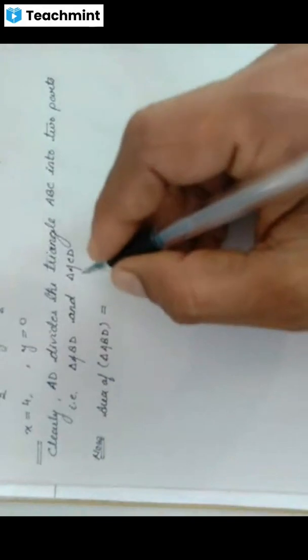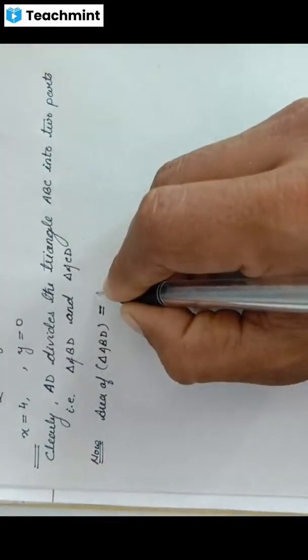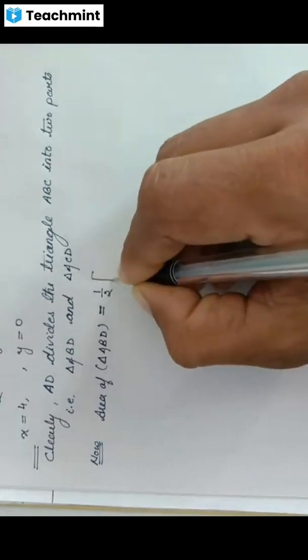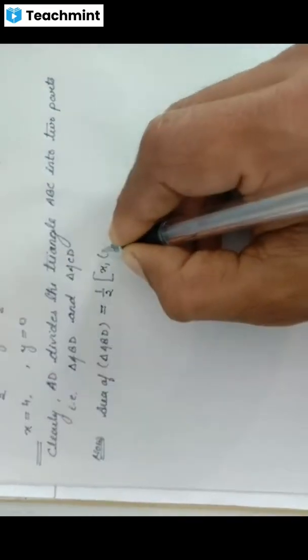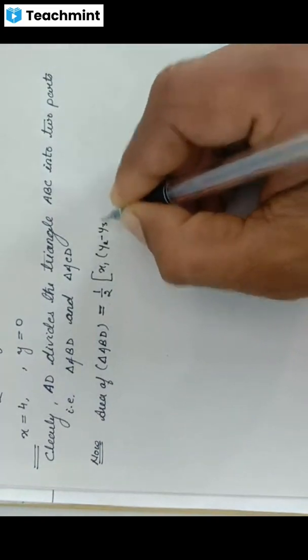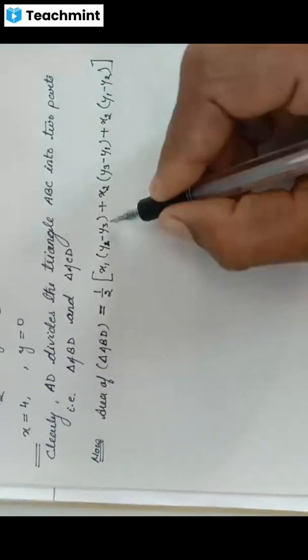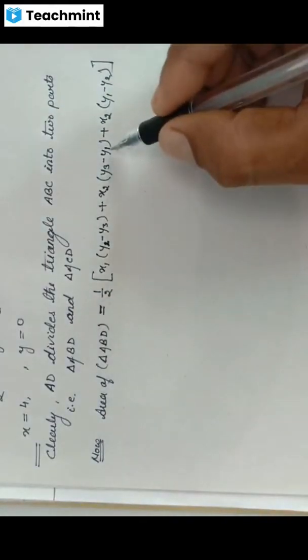I think all of you have learned the formula: 1 upon 2, absolute value of x1 times (y2 minus y3) plus x2 times (y3 minus y1) plus x3 times (y1 minus y2).